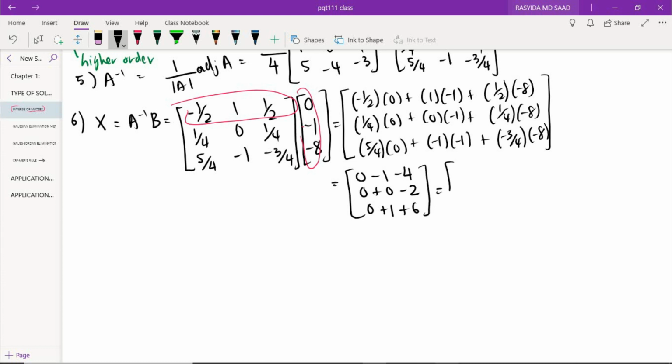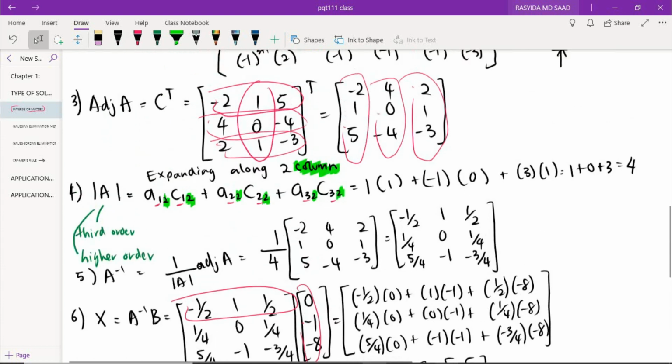So we have negative 5, negative 2, and 7. This is our value of x, y, and z. So x is equal to negative 5, y is equal to negative 2, and z is equal to 7.